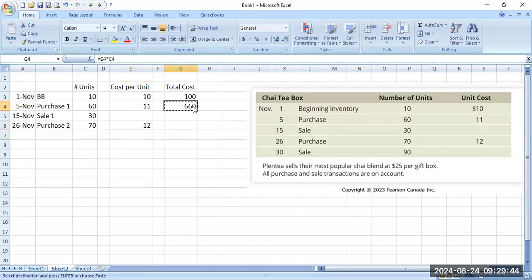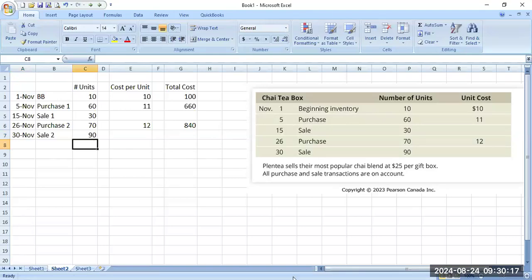Total cost here will be $840. And then we have another sale on November 30th, sale number 2. We sold 90 units at $25, but again, we're chasing the cost of those 90 units that we sell.